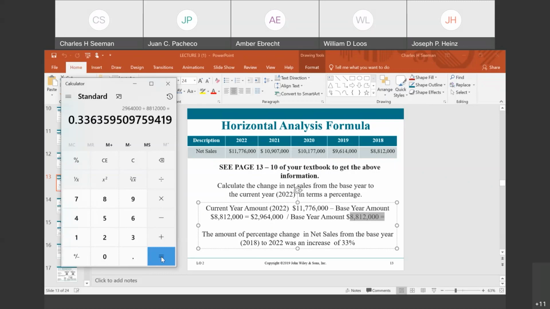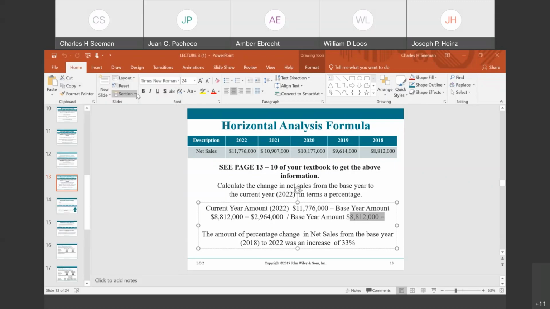So we would say that net sales increased 33% between 2018 and 2022. Pretty simple. So simple, you're probably going to sleep.